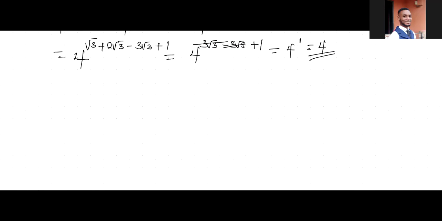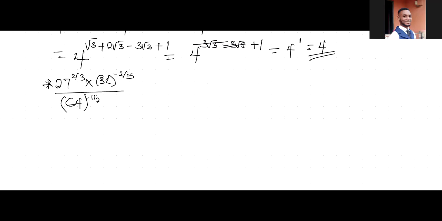All right, let's take another example. Now let's say that we have another one. We have 27 raised to the power of 2 over 3, then multiplied by 32 raised to the power of minus 2 over 5, then divided by 64 raised to the power of minus 1 over 2.